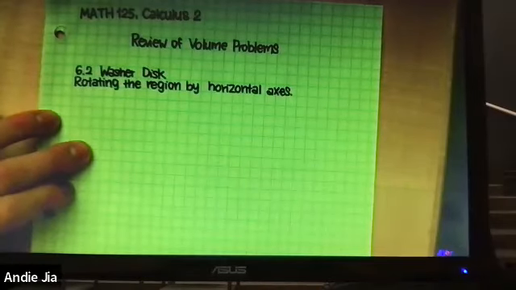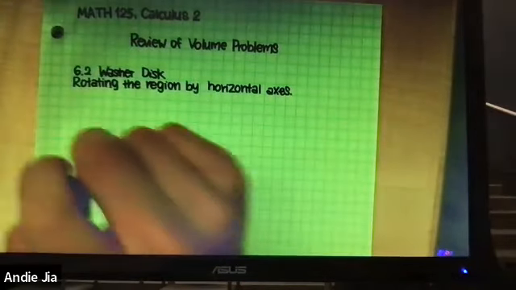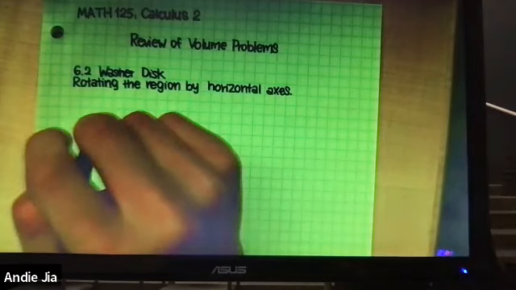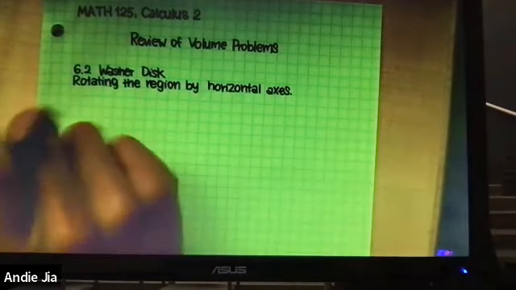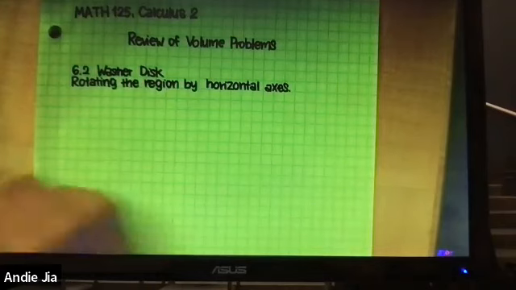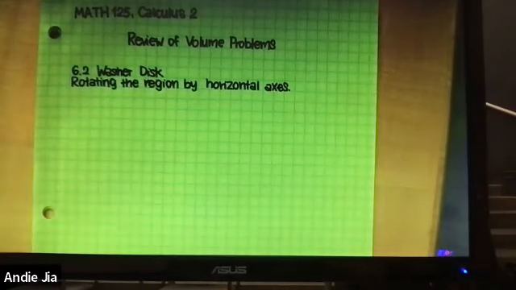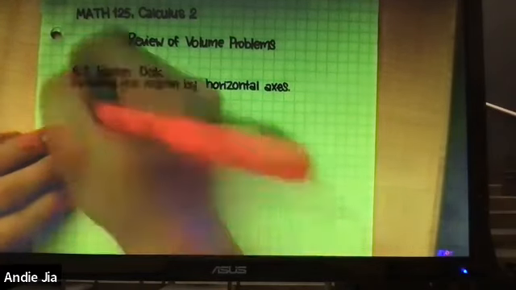And we always find it's rotating. So the first case is rotating about the x-axis. So it's just a washer problem.